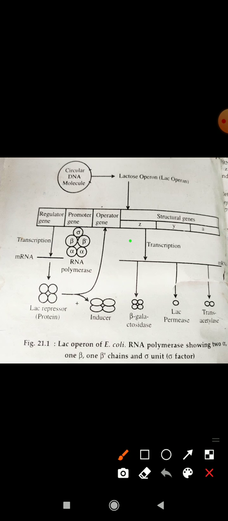See here, structural genes A, Y, and Z. So these are structural genes.